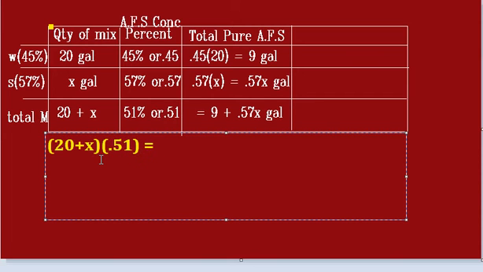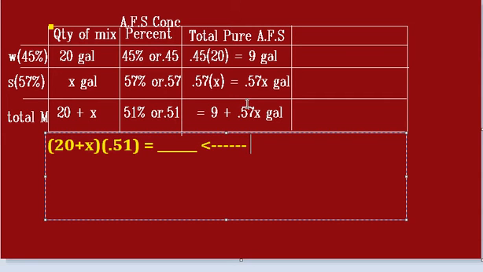But what is that value? That value is the same as the total quantity of pure anti-freeze solution when the two mixtures are added. Meaning, in the total quantity, there will also be the corresponding total pure anti-freeze.